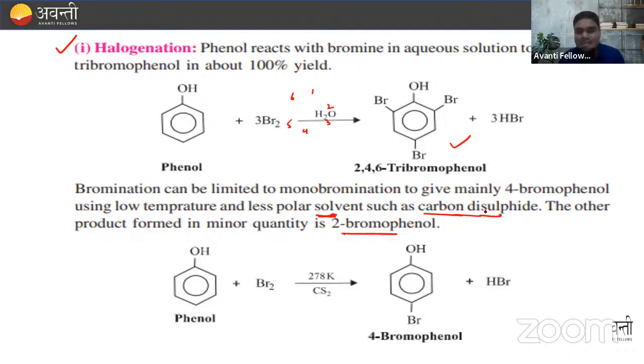Carbon disulfide is very, very less polar as compared to water, and due to this only, the ring is not as highly activated as in aqueous. So in the above case, that is with water, in aqueous, water being more polar activates the ring, or the ring becomes highly activated. And this thing won't happen in case of CS2, carbon disulfide. The ring is not activated as much, right?